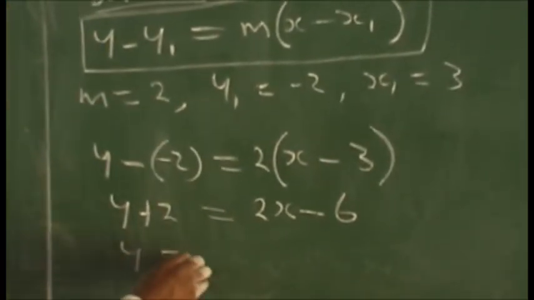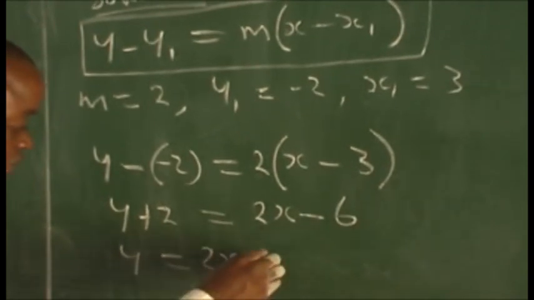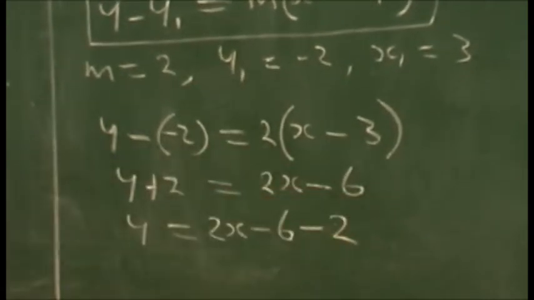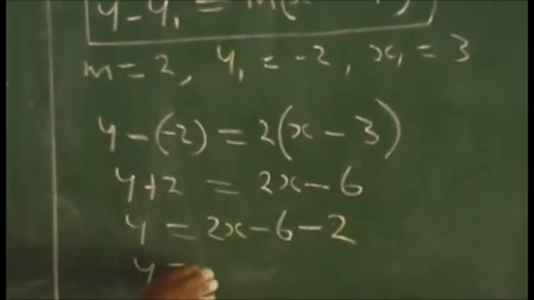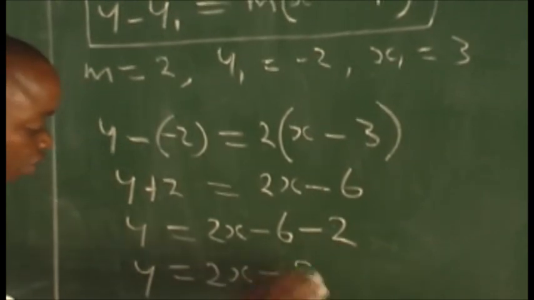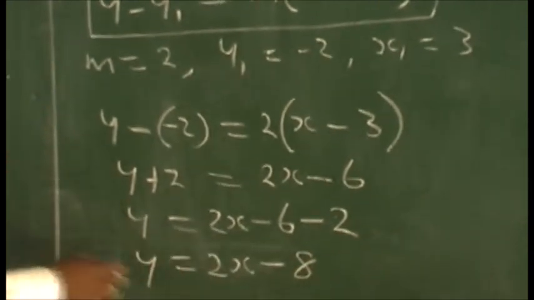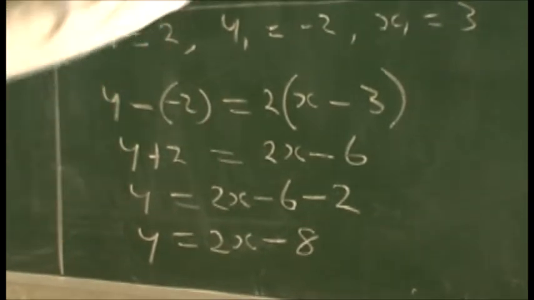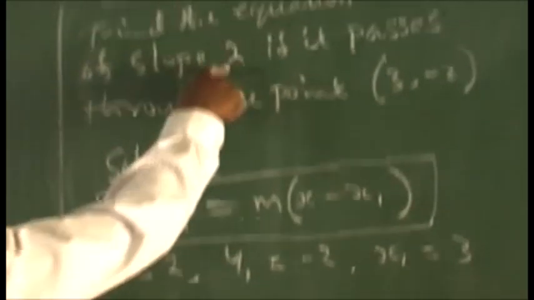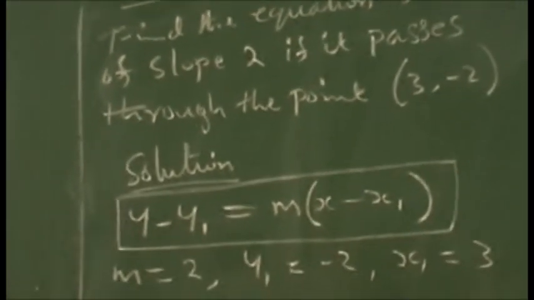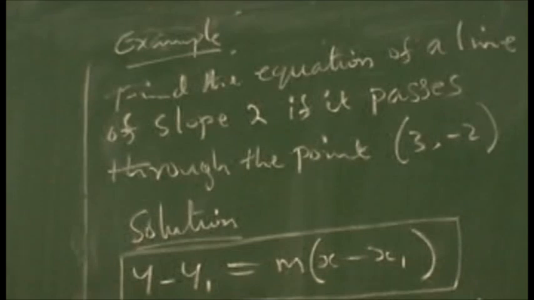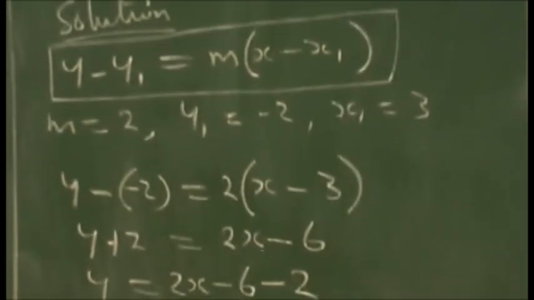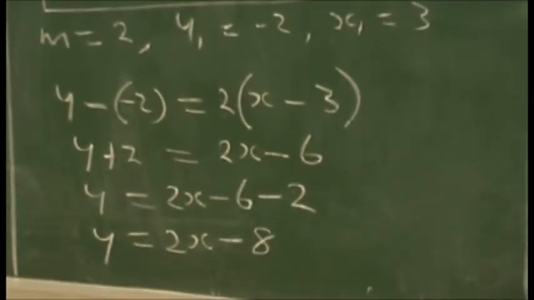So y will be equal to 2x minus 6 minus 2. We are transferring this to the other side. So we have y is equal to 2x minus 8. This is the required equation of the line that we are asked to find. So when they are giving us one point and the gradient, we will use this particular method of equation of a line, and we'll get the right equation.